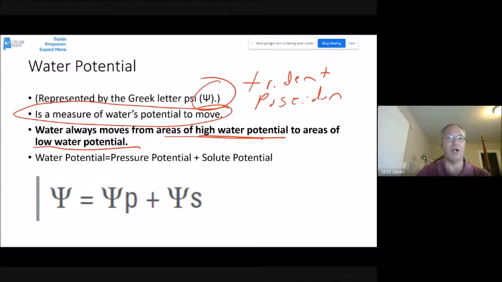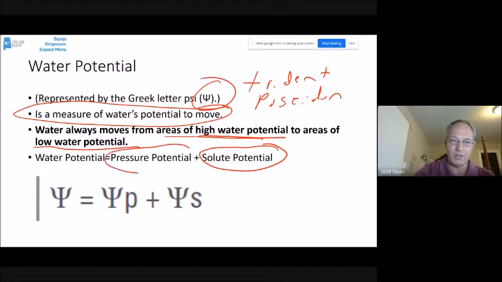What's important about water potential is it takes into account the solutes, like all those other definitions that we just talked about. But another thing that's important for moving water is pressure. This becomes really important for cells that have walls, like plant cells, fungal cells, bacterial cells. So water potential takes into account both of those things, the solutes and the pressure.